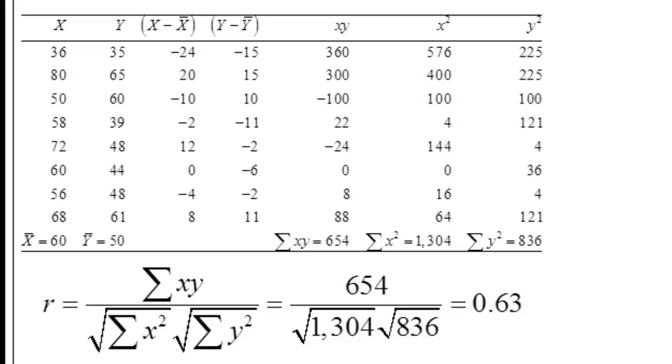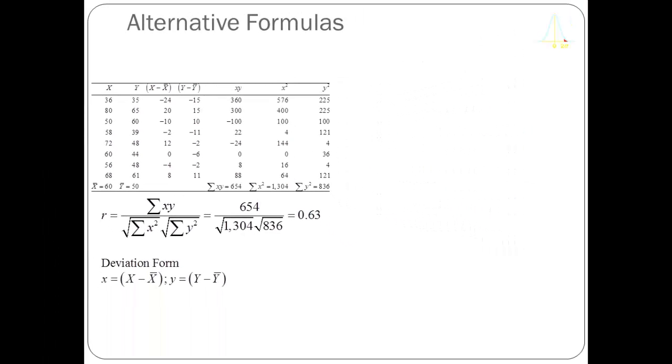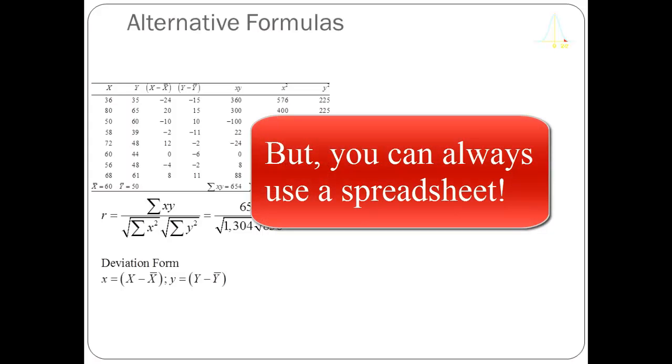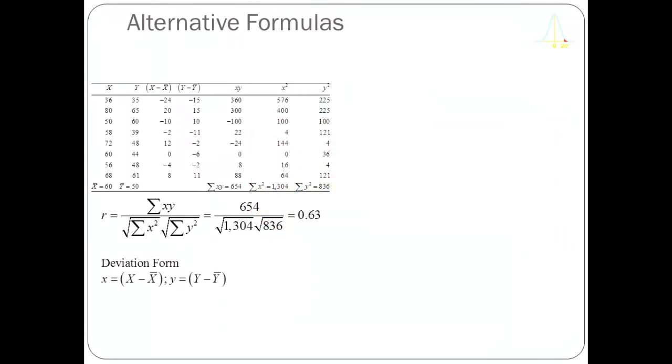There is a little bit of error involved in here, and there's a fair amount of calculator work. Well, we need the means, so that takes a bit of time to calculate. And then we'd have to calculate all the deviations from the mean. That's the downside to using this formula. The upside to this formula is once we get those quantities, sum of xy, sum of x squared, sum of y squared, we can plug them into the formula and very easily with a calculator get our final correlation coefficient of 0.63.